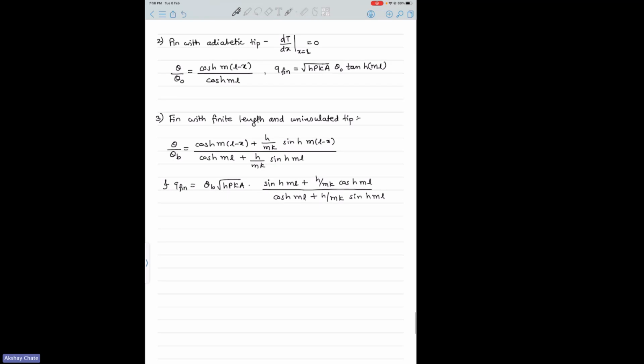So typically what they do in this case, they make some approximations.